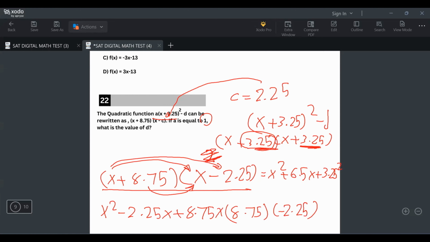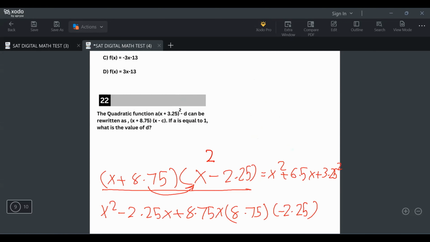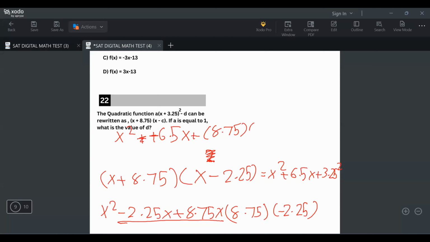Let me clear some space. So if we add these values, we'll have an x to the power of 2, and negative 2.25 plus 8.75 is equal to positive 6.5x, and that plus 8.75 multiplied by negative 2.25.